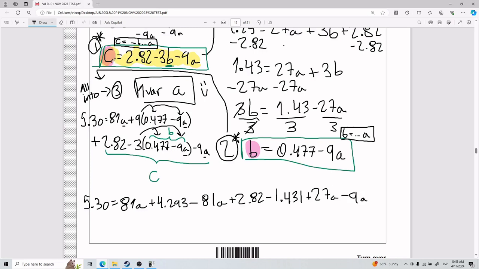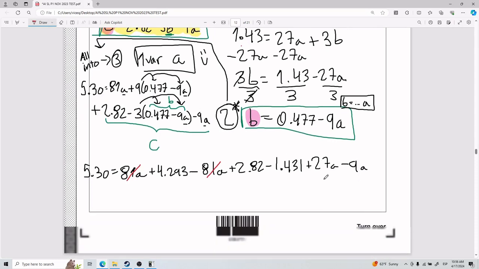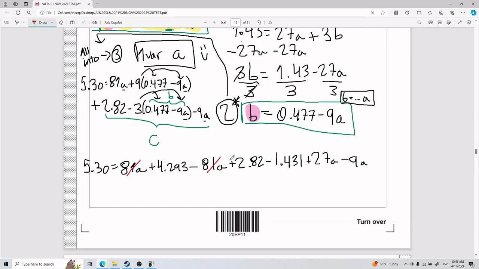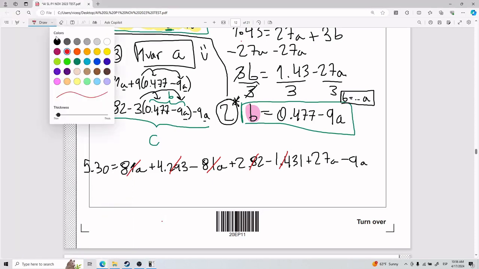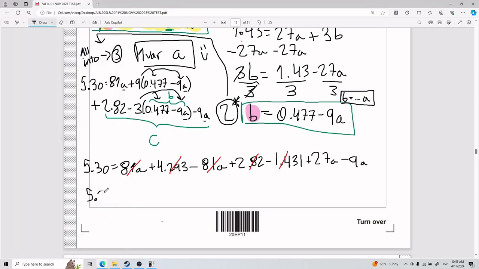All right. So from here, a couple things you can do. This goes away with this. And let's say I combine all of these, right? When you combine all of these, you do 4.293 plus 2.82 minus 1.431. So on the right side, you still have 5.30 on the left side.